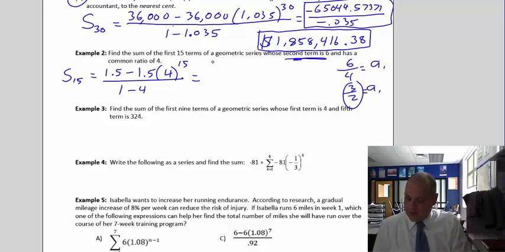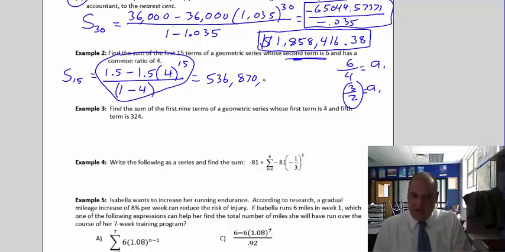All right, so that works out to be, and I just did this all together, except you got to make sure this is in parentheses if you're going to do that. And it comes out to be 536,870,911.5.